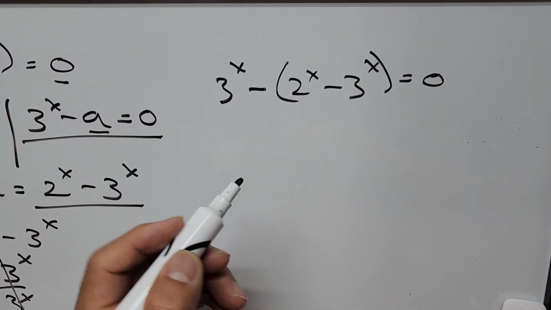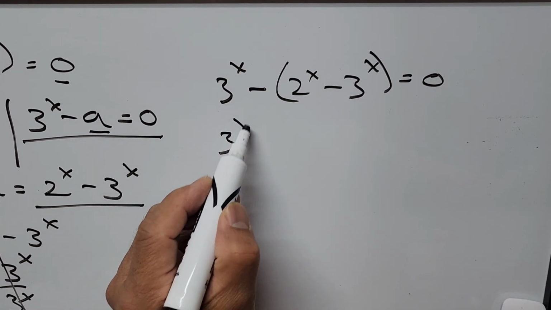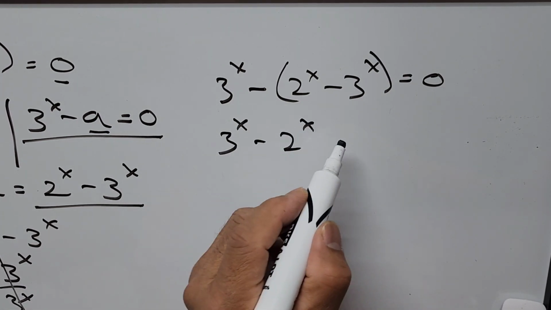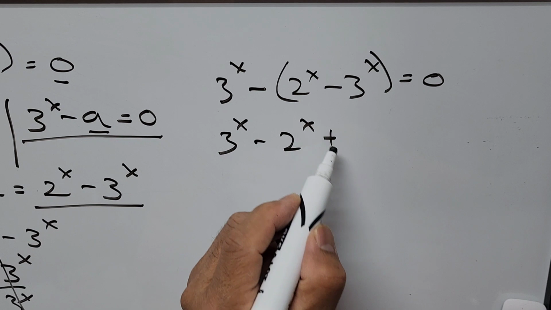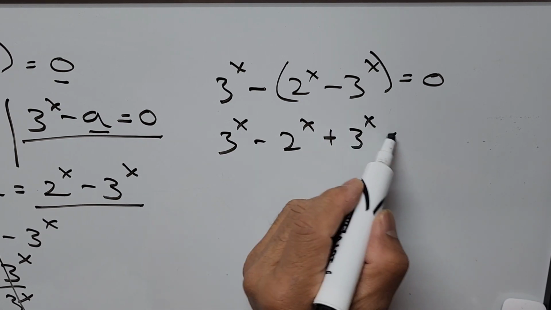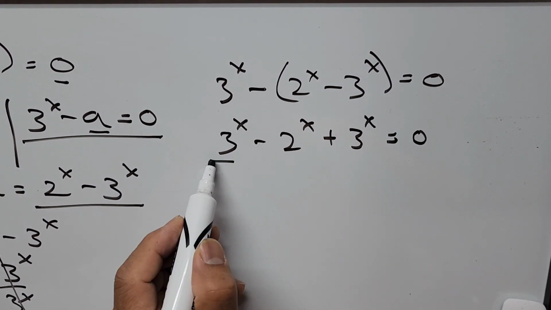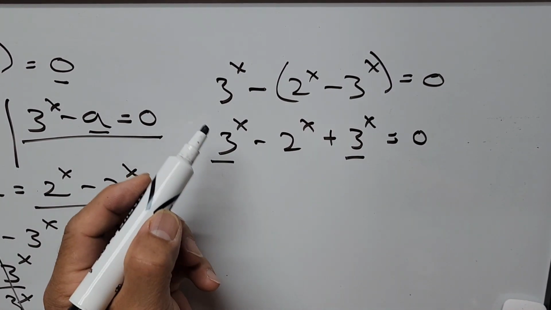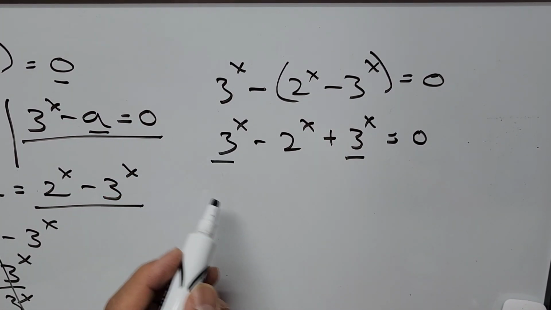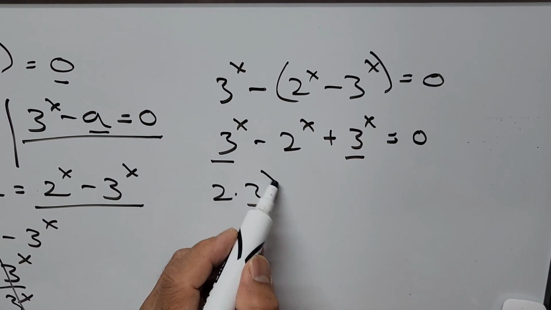So here we simplify the equation. So we have 3 to the power of x minus 2 to the power of x, minus minus becomes plus, 3 to the power of x equals 0. So here we have base 3 and base 3, the same thing with the same exponent. So we have 2 times 3 to the power of x.